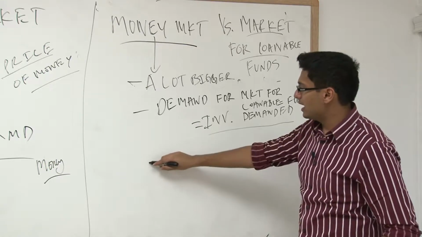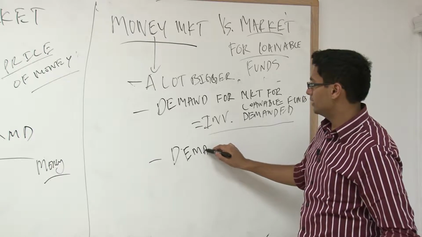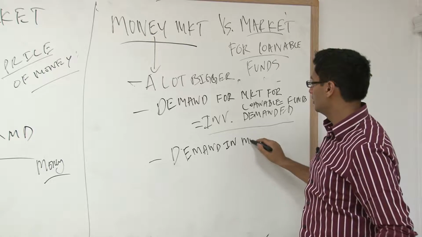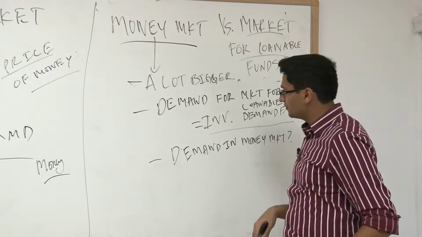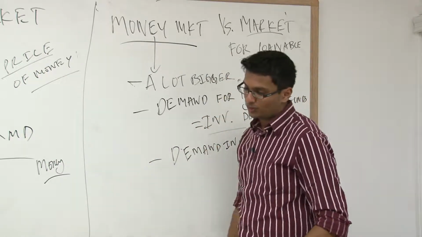So what about this demand in the money market? What is that? How is that different from the investment demanded that is present in the market for loanable funds?